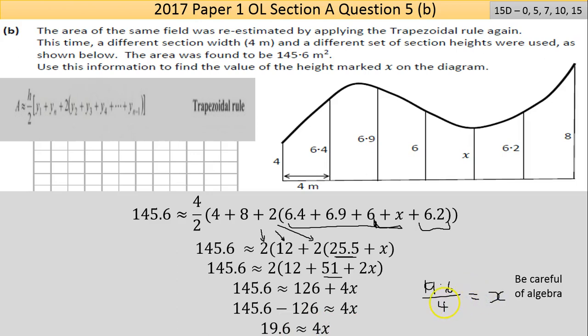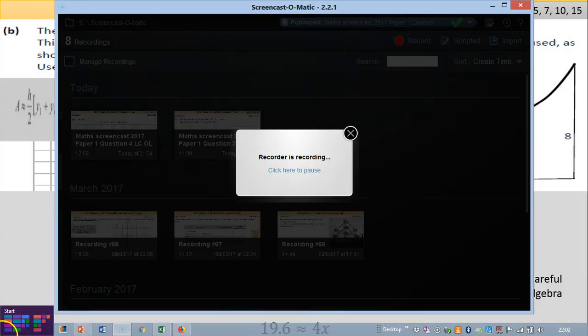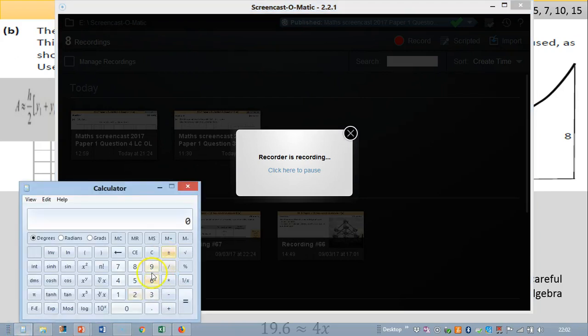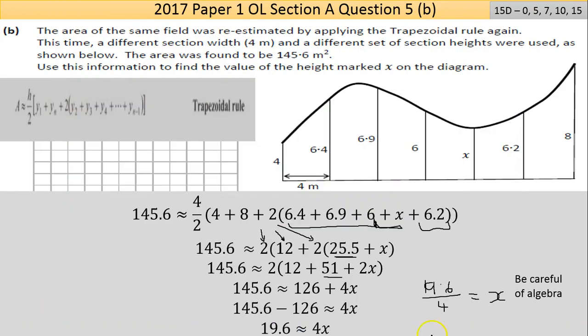Put it to the calculator: 19.6 divided by the 4, we'll end up with 4.9. So 4.9 equals the x, and that's my answer.